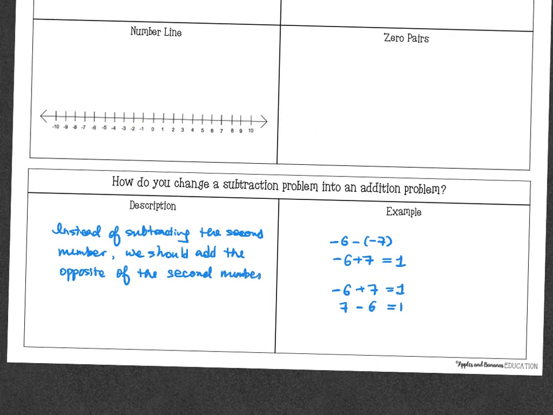It's just a fancy way of saying this double negative turns into a positive there. All right?